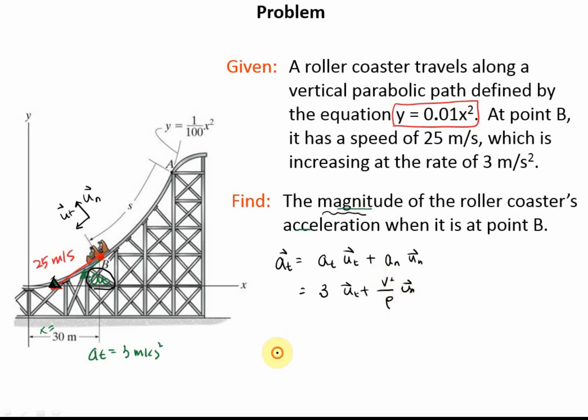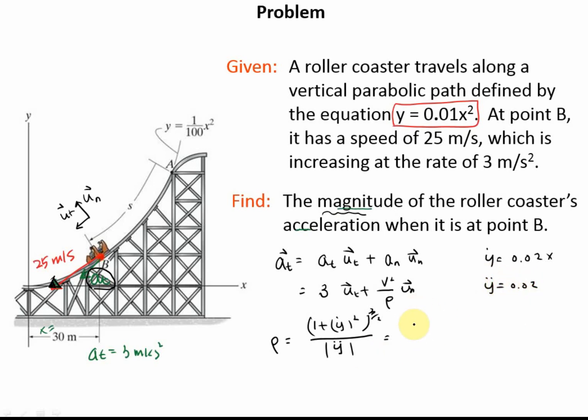I showed you in the previous slide that this can be found by this equation, one plus y prime squared to the power of 3 over 2, over the magnitude of y double prime. Then we know the y function here. So y prime is 0.02x, y double prime is 0.02, right?